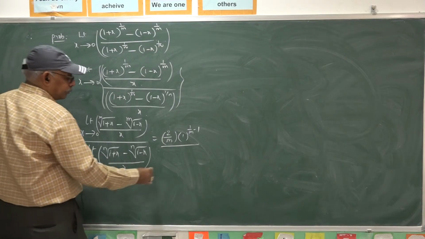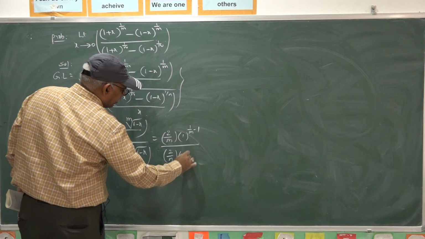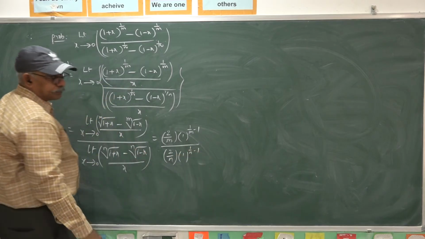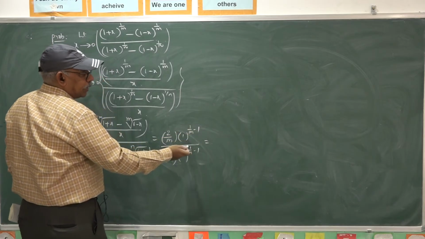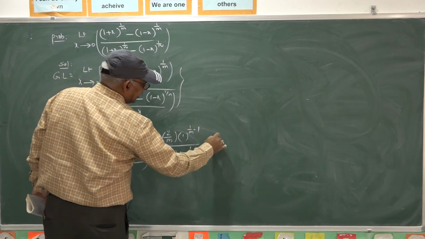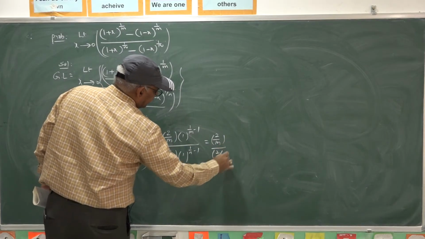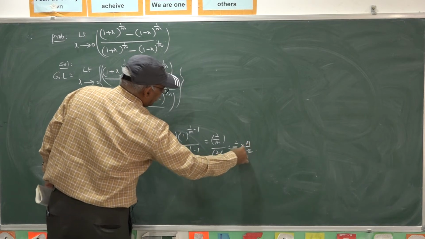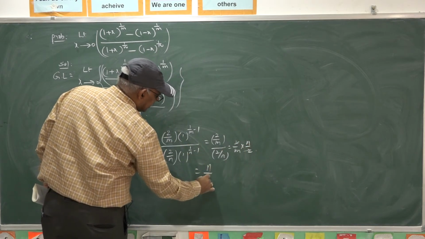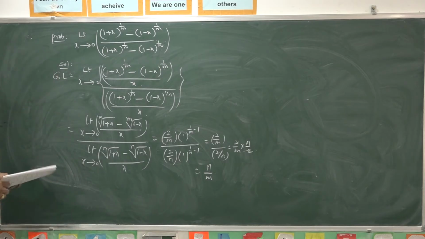Similarly this is 2 by n. Hence it is 2 by m divided by 2 by n, which is 2 by m into n by 2. That gives us the limit as n by m. In such cases, you can apply that formula.